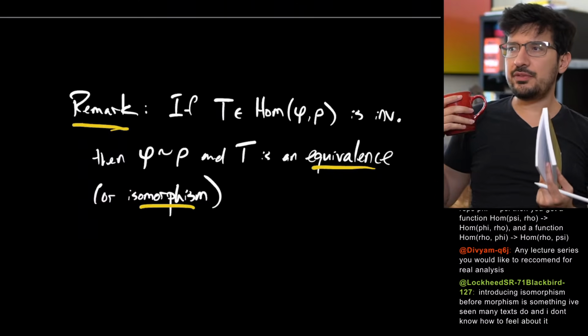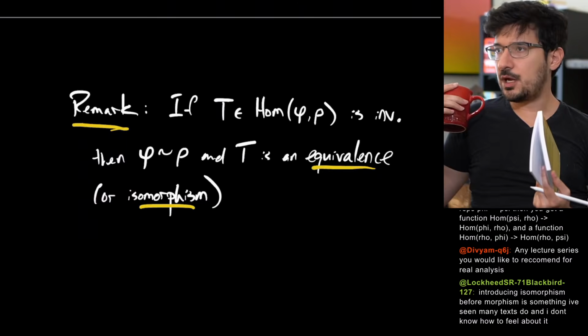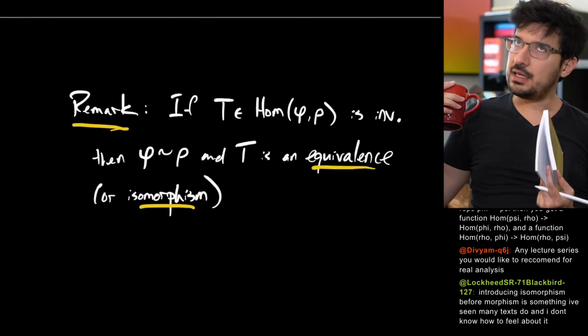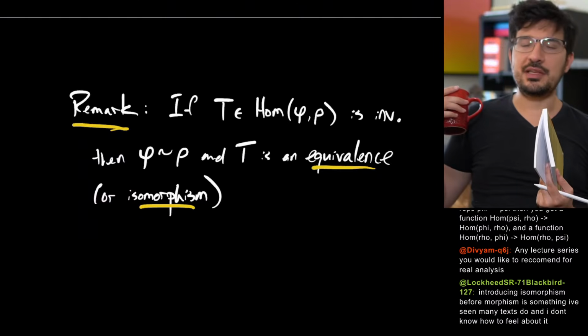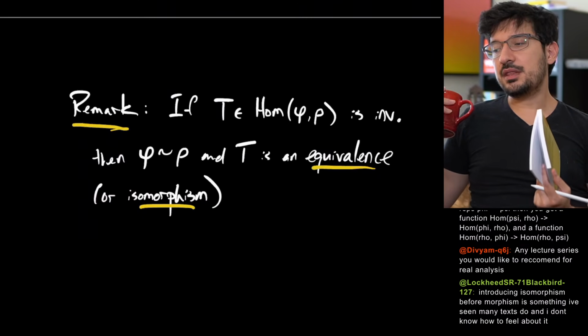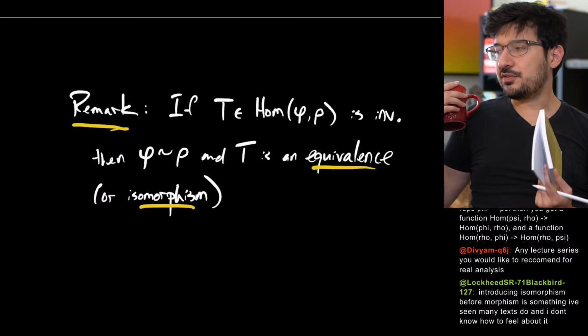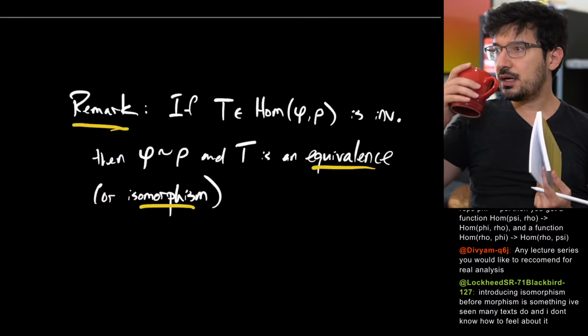Yeah, I've always seen isomorphism before morphism. I've gotten comfortable thinking of isomorphisms, and I've known that the word morphism exists, and that someday we'll talk about morphisms, but isomorphism is something that you learn first. Yeah.